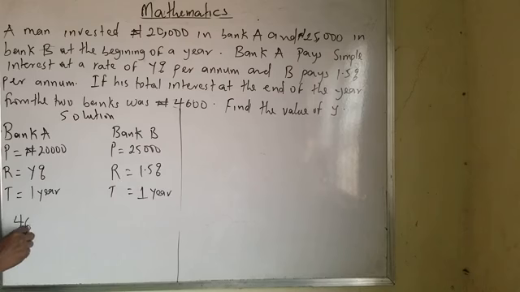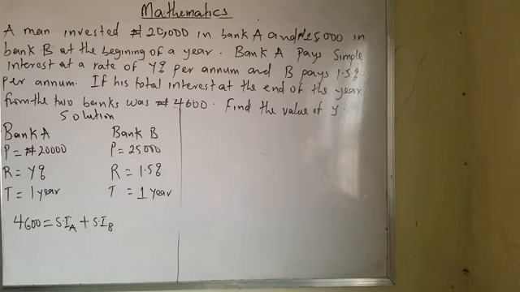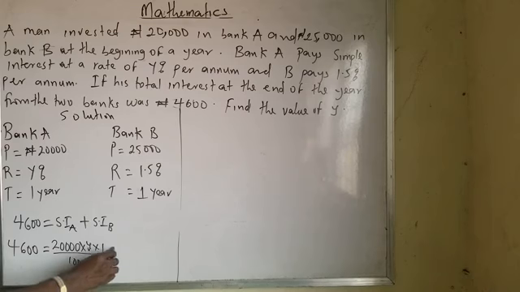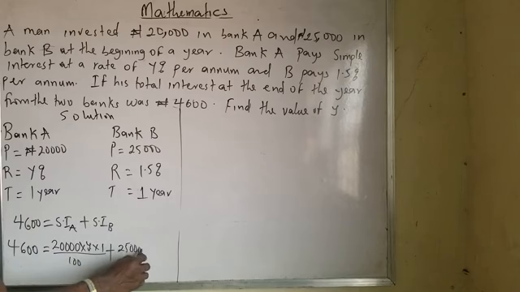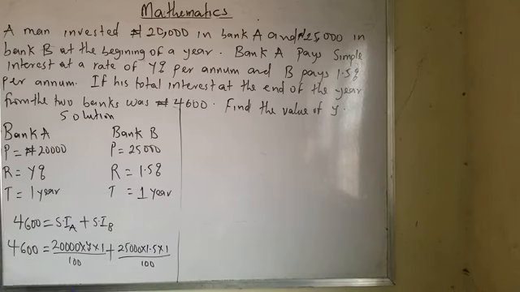It means 4,600 naira equals simple interest on bank A plus simple interest on bank B. So 4,600 equals 20,000 multiplied by Y multiplied by 1 divided by 100, plus 25,000 multiplied by 1.5 multiplied by 1 divided by 100. That is all I need to do.